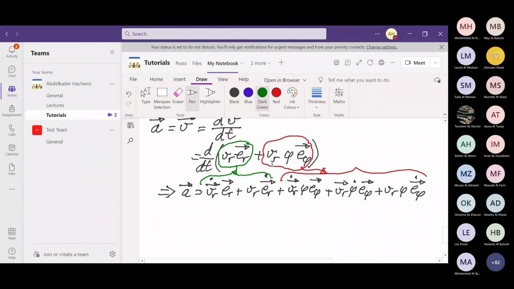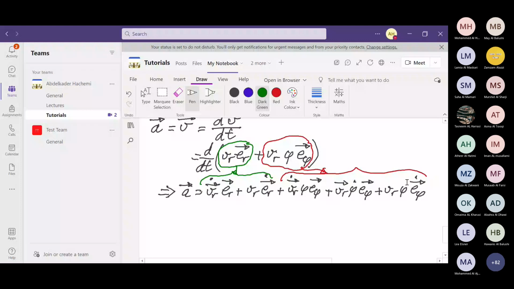And if we make the time derivative of the second part here, then we get the third, fourth, and fifth terms. Now what do we know? We know that VR is constant.